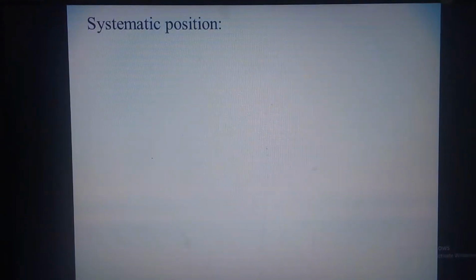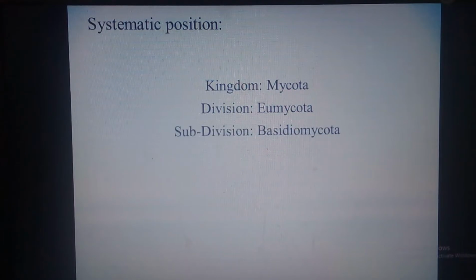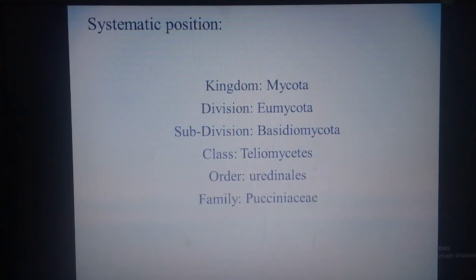If we take a look at its systematic position according to Ainsworth, 1973, it belongs to the kingdom Mycota, division Eumycota, subdivision Basidiomycota, class Teliomycetes, order Uredinales, family Pucciniaceae, and genus Puccinia.